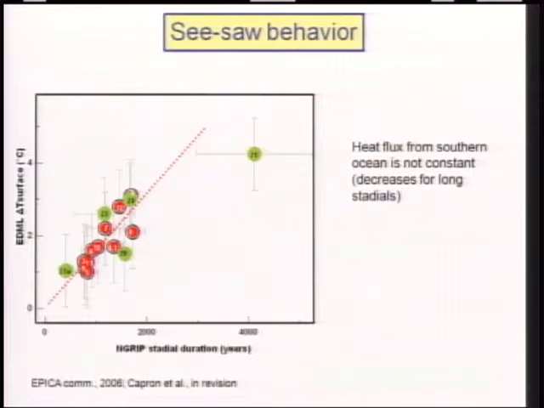Now let's add the events of marine isotopic stage 5, and you see here that for 23, 24, 20, and 23A, which is the small double peak, we are on the same line, but for the very long DO 21, we are off this line, which suggests that the heat flux from the Southern Ocean is not constant, especially for the long stadial event.